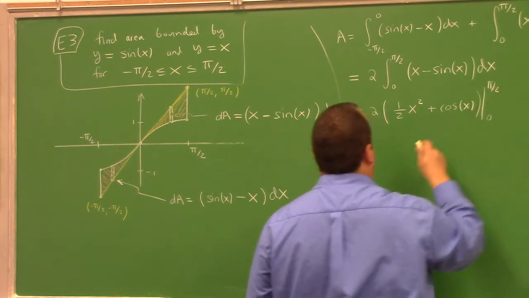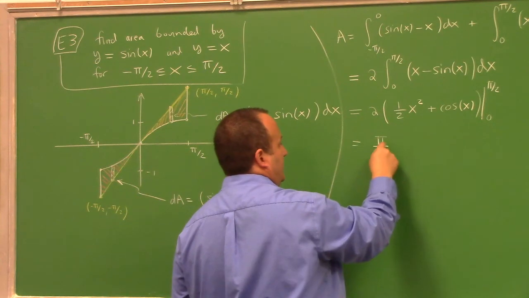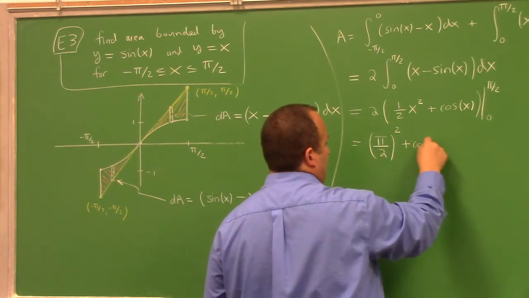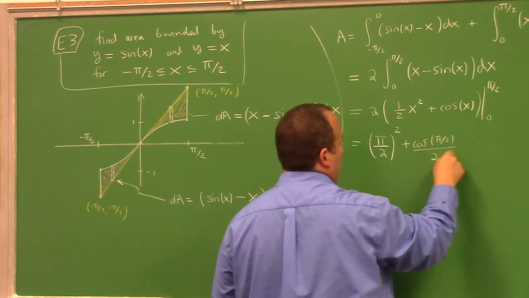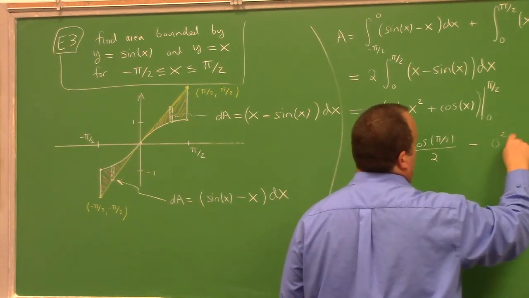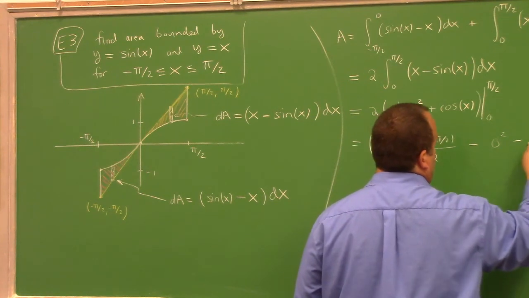That's the fundamental theorem of calculus part 2. So I get pi over 2 quantity squared over 2, plus the cosine of pi over 2, minus 0 squared, minus the cosine of 0.